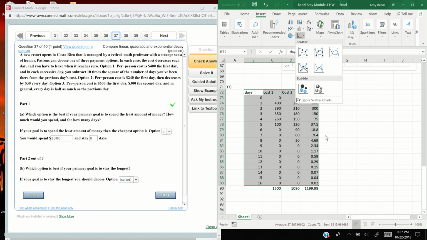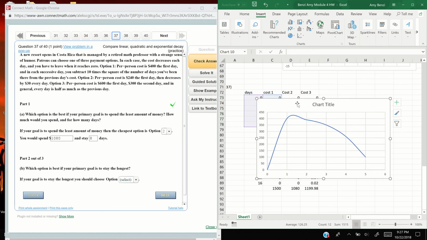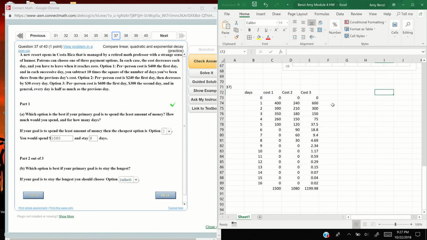But these are not actually the exact good graphs that I'm looking for. If we graphed each set of data separately, we would actually get something that does not look right. But I am not going to try to deal with that right now on this particular video.